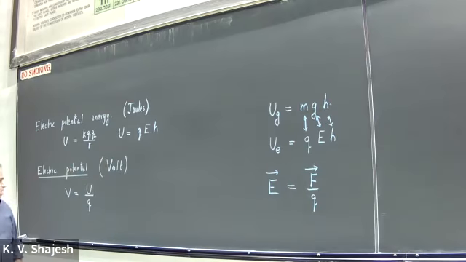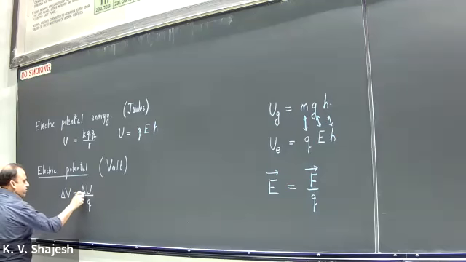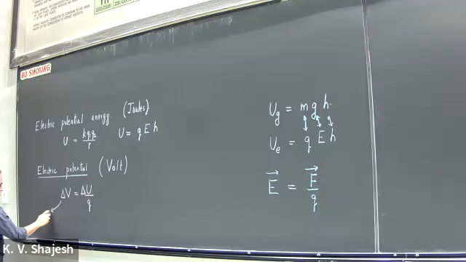So that's the basic idea. That's the main thing we will be talking about, that there is a voltage associated with the concept of energy, or there is a potential difference. So if you think of this as change in energy, this will be called a potential difference.